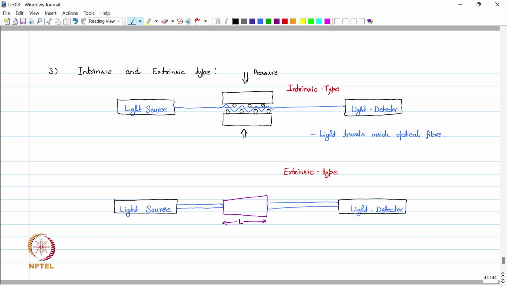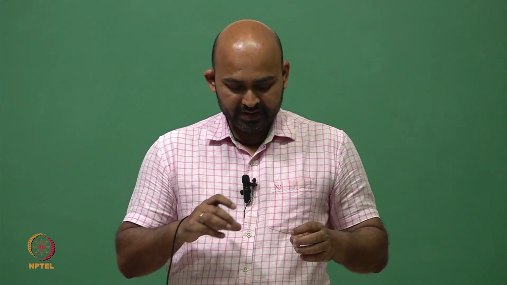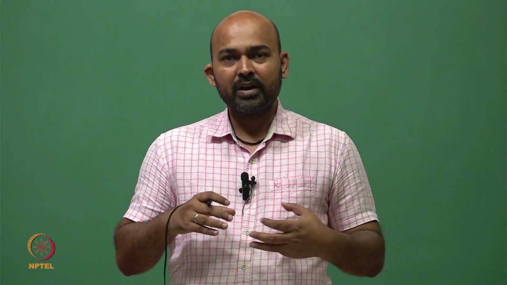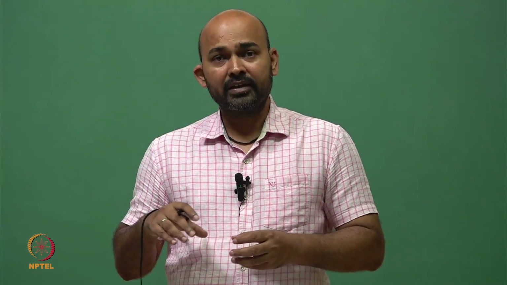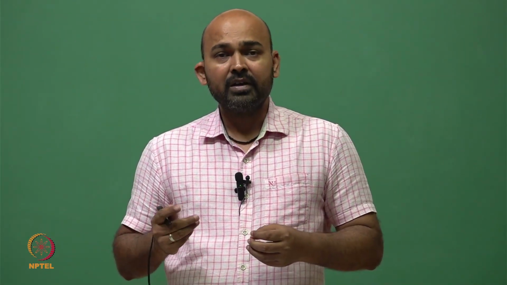So in this extrinsic type of sensor, we have two fibers. One is connected from the source to the measurement zone, which carries the input light, and after the measurement zone, we have a different fiber which is coupled between the measurement zone and the light detector. This carries the return optical wave.